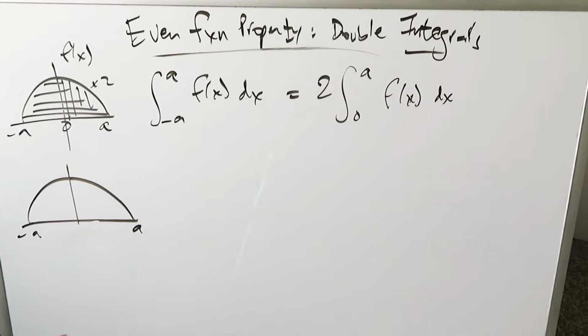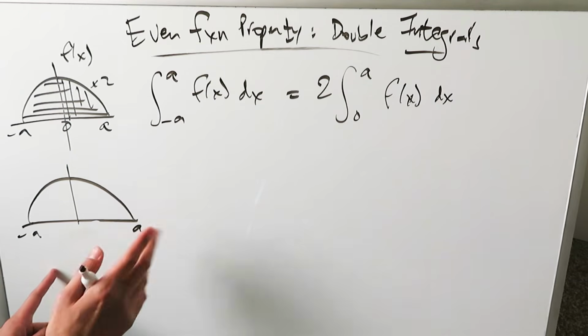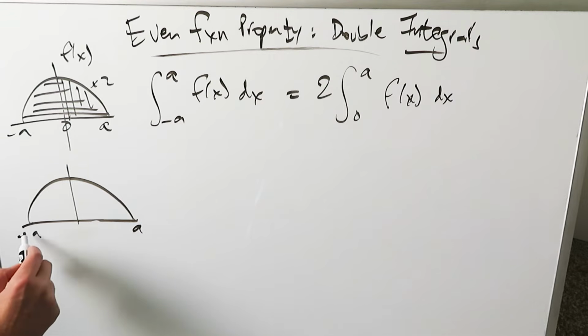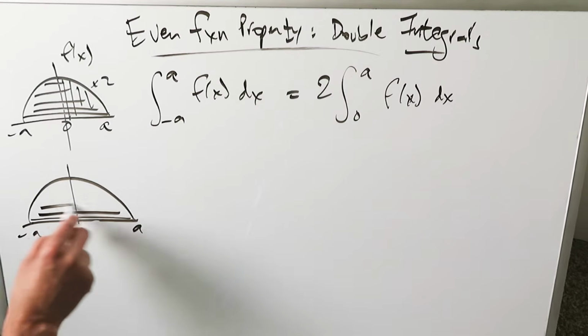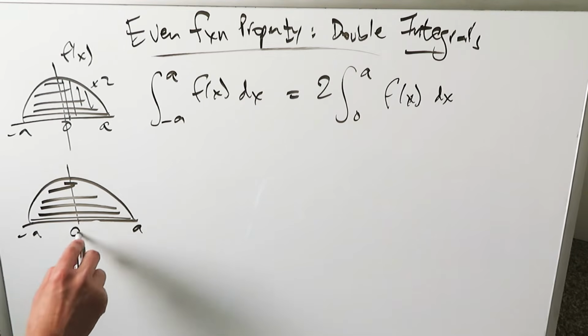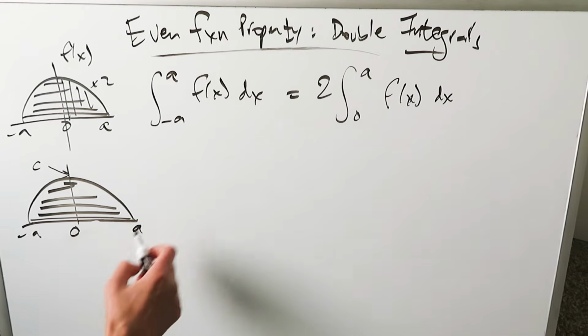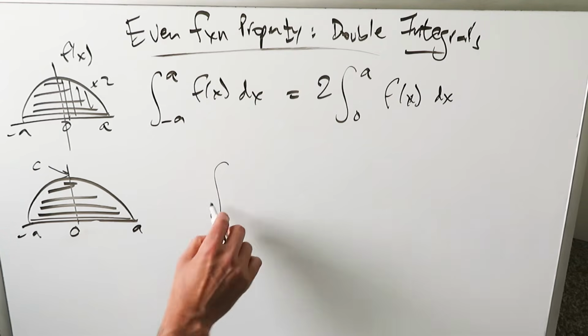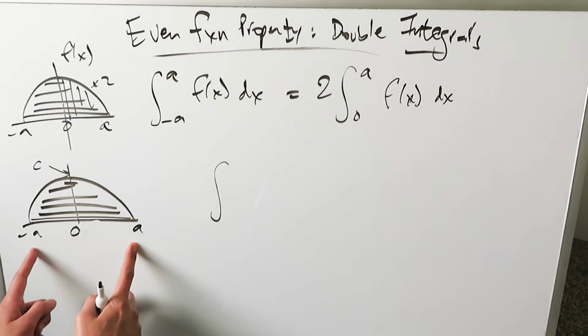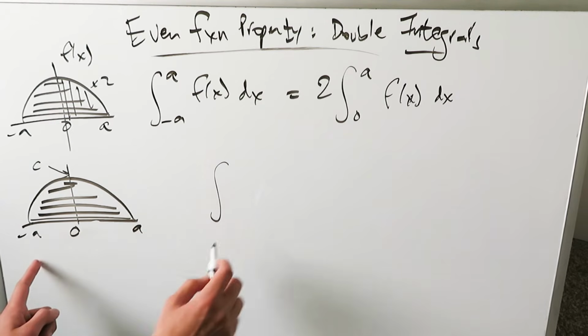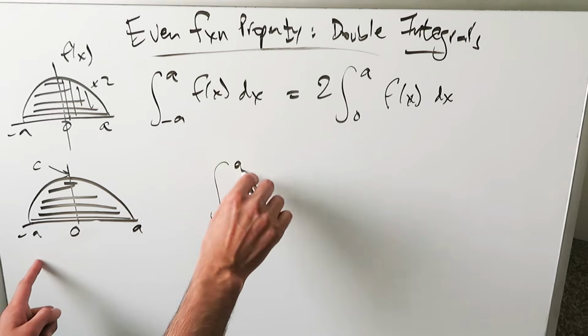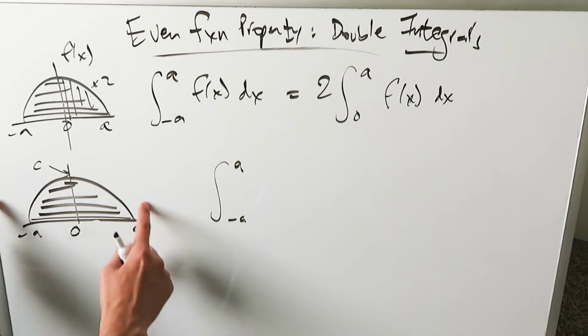Now doing the exact same representation with double integrals, it's going to be similar and easy. You have minus a to a, this is the area you're looking at. You can also do a 0, and we can pretend this upper limit here is c. How would you write this in terms of double integrals? I'm going to do an initial integral dx with respect to dy. I'll be doing ideally from minus a to a, but look, these lower and upper limits are tracking the curve.